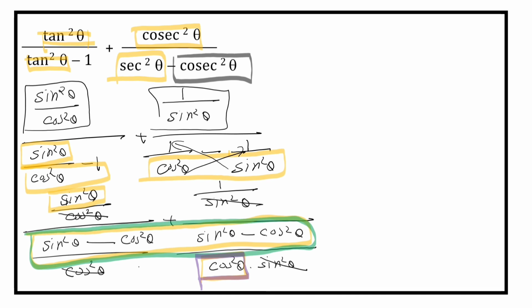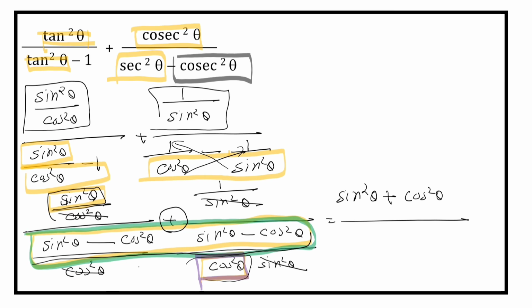Now let us write. It will remain as such, sin square theta, this one is plus, this goes to the numerator, cos square theta, upon this LCM sin square theta minus cos square theta.